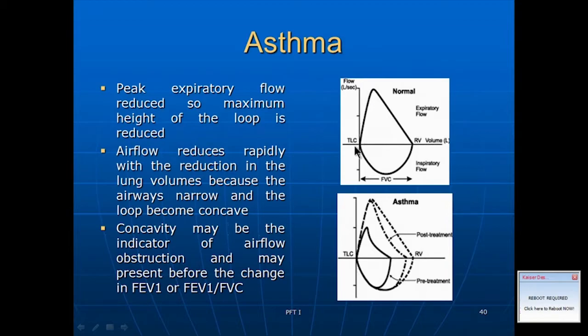So you can see that this is the normal pattern of a pulmonary function test or flow volume loop. For someone who has asthma, the outer dotted line is what is predicted, and that's based on gender, height, weight, ethnicity, those kinds of things. The pulmonary function test looks at pre and post treatment.